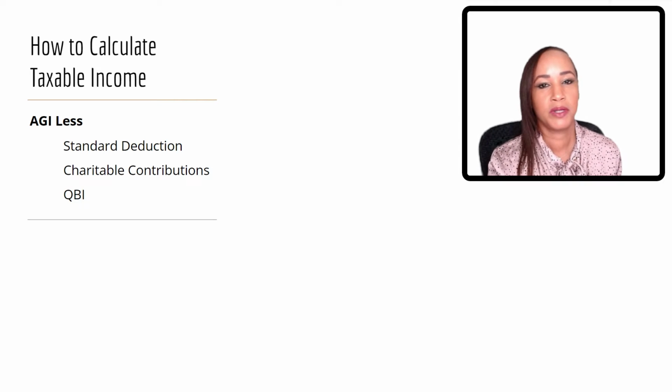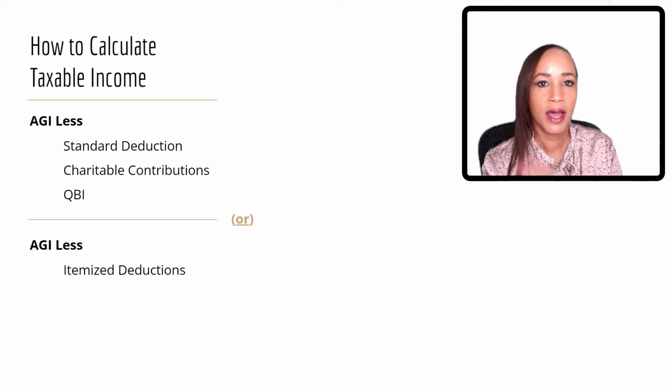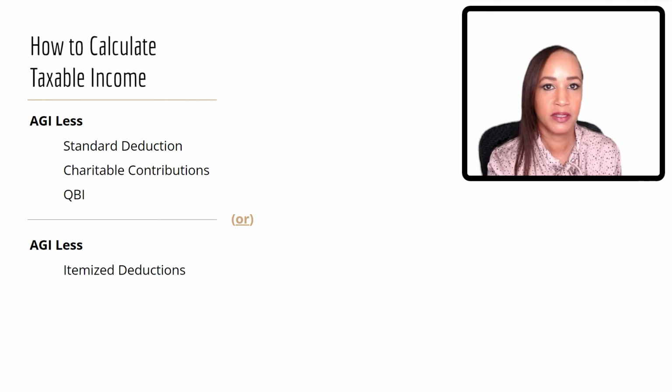The other option is your AGI less your itemized deduction, which again we're going to talk about in this video, and your qualified business income deduction.